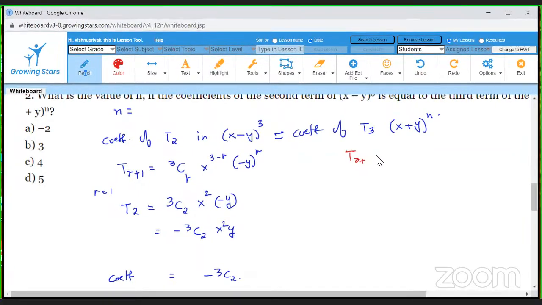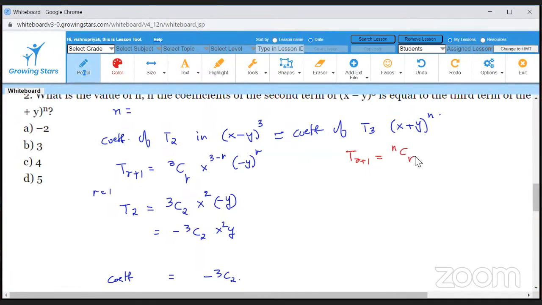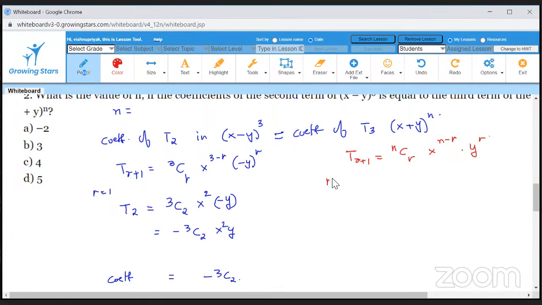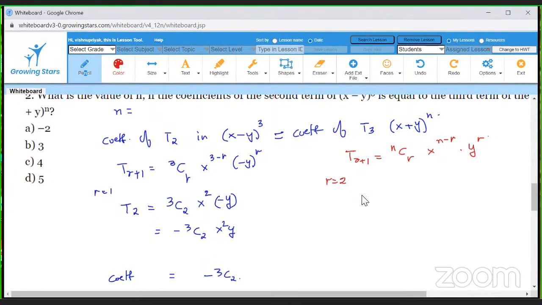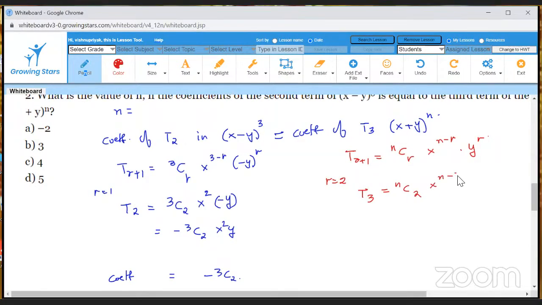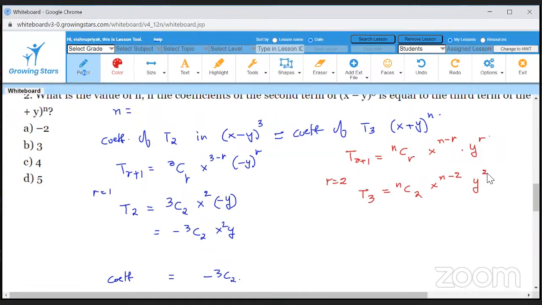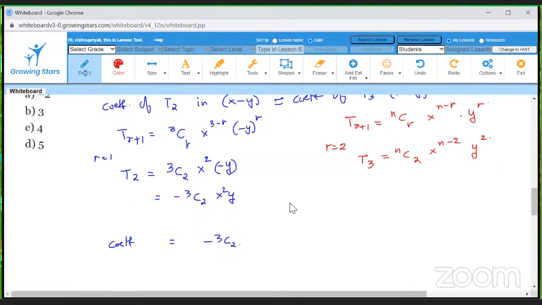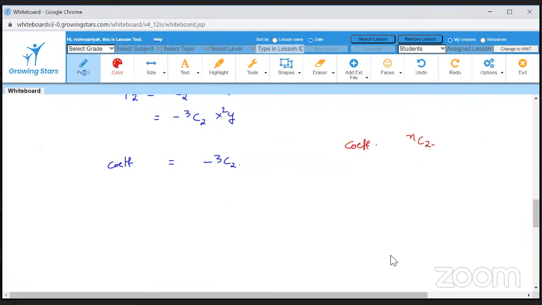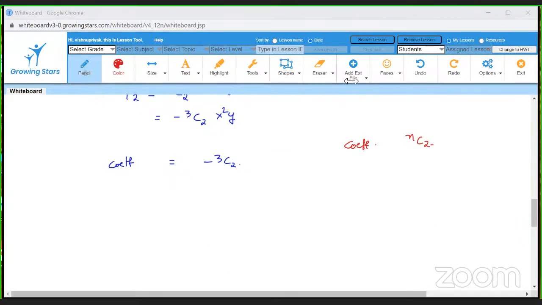What is the general term here? Tr plus 1, nCr, x power n minus r, y power r. But because I have to take third term, r is 2. Third term, r is 2. X power n minus 2, y power 2. So here, if you see the coefficient, I get only the number, that is nC2. Who got the answer? Samarth got the answer.